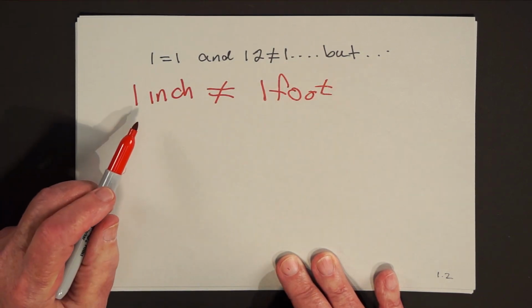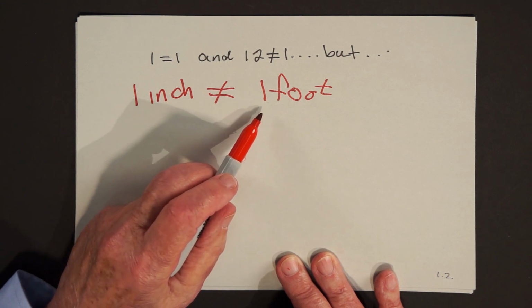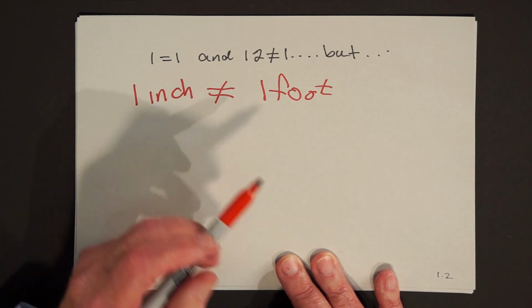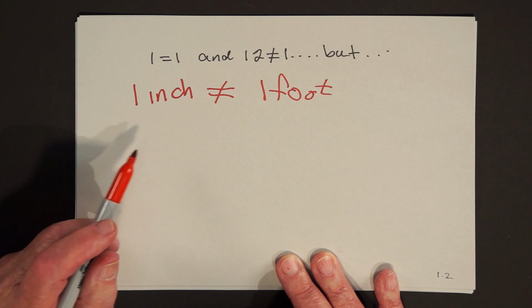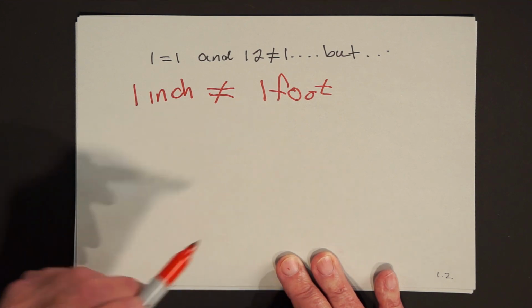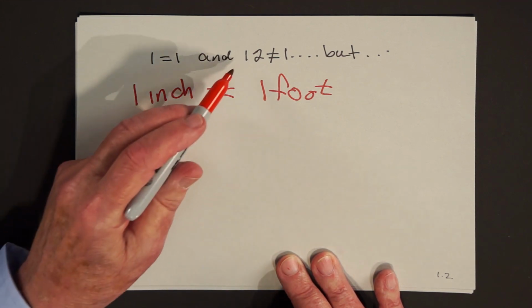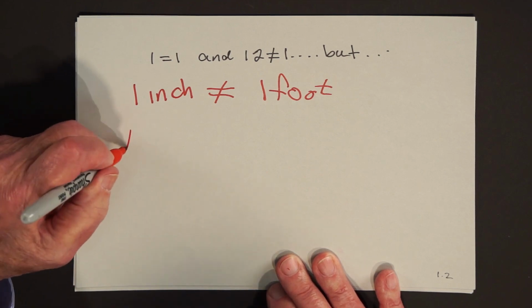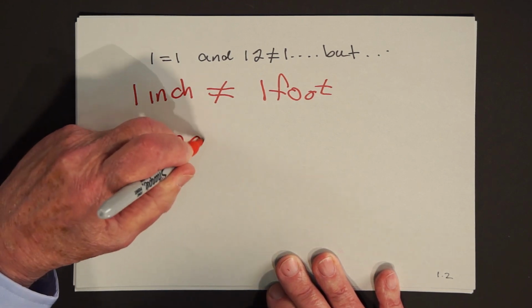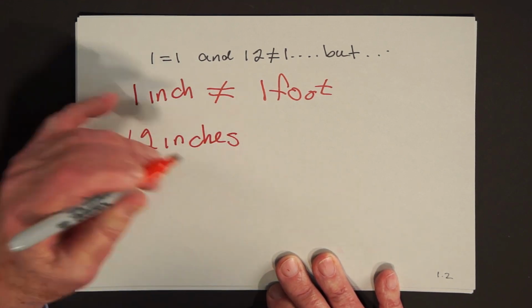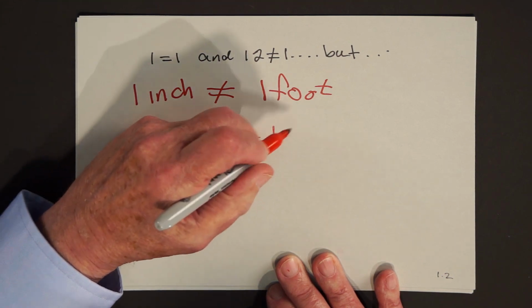You see, the adjective one is always equal to the adjective one, just like the color blue is always the color blue, but the quantity 1 inch is not the same as 1 foot. On the other hand, 12 is not equal to 1, but 12 inches does equal 1 foot.